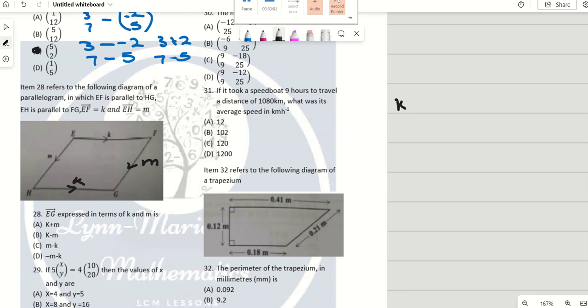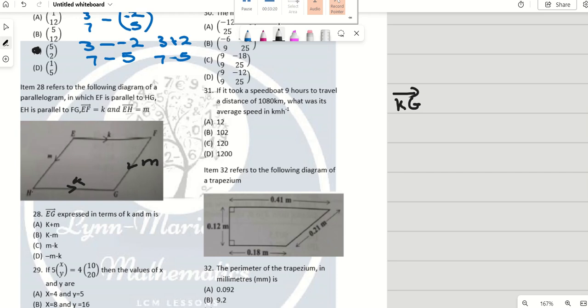Now, EG: we're starting at E and ending at G. You can either go in the direction of EH and then H to G, or EF and then F to G. It doesn't matter, you're going to get the same thing.